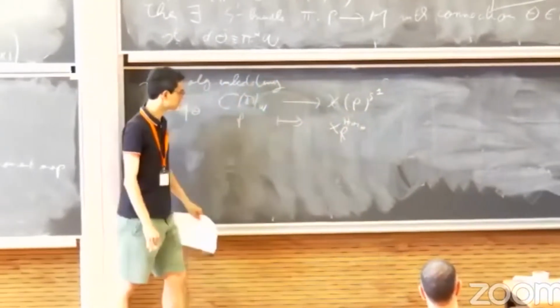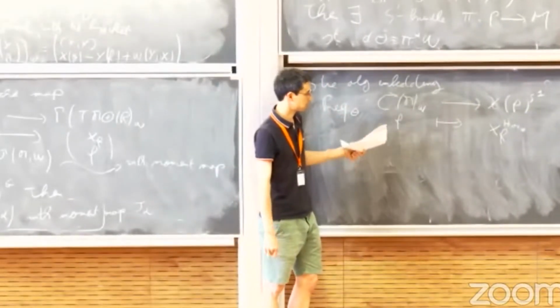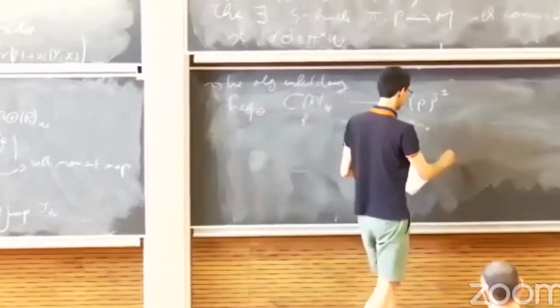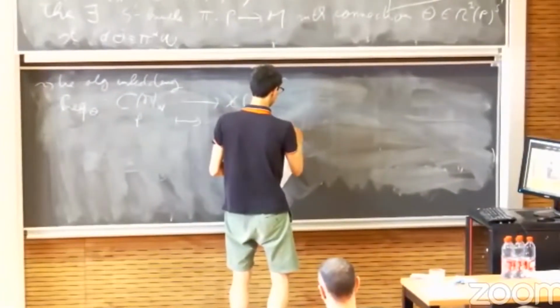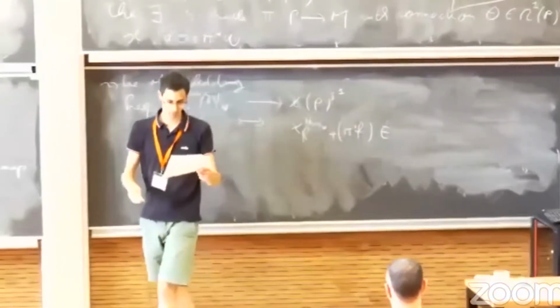If you did just this, you wouldn't get a Lie algebra map because the connection has curvature. But it turns out that you can fix everything by adding the vertical vector field. The coefficient is just the function.